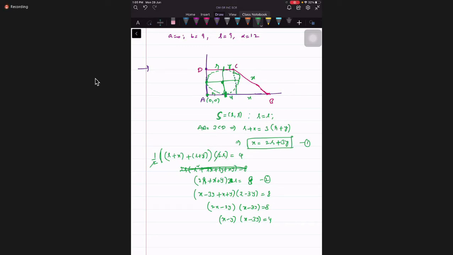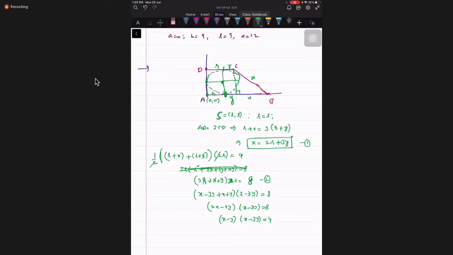If you take some value, this is Y. Same thing, perpendicular I have taken.